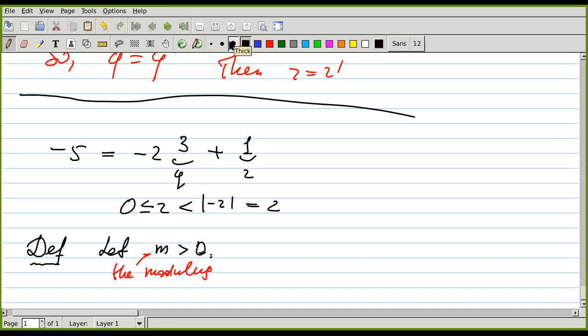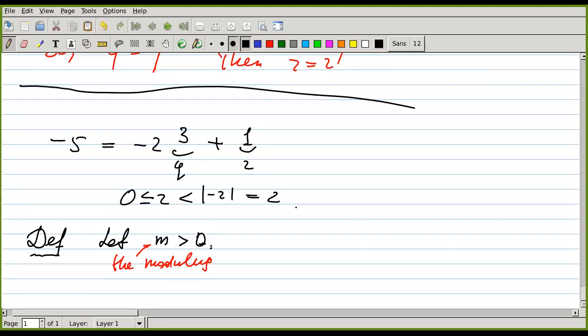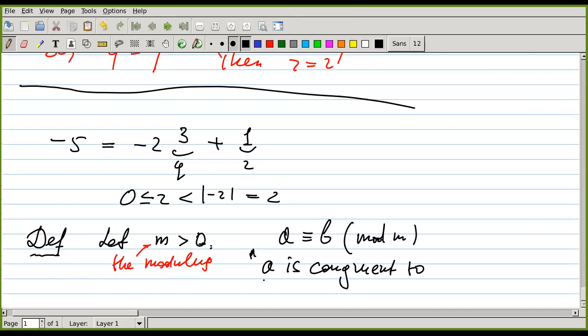So we say that A is congruent to B modulo M. They pronounce it the following way: A is congruent to B modulo, an indirect case from Latin, modulo M. That means a very simple thing.